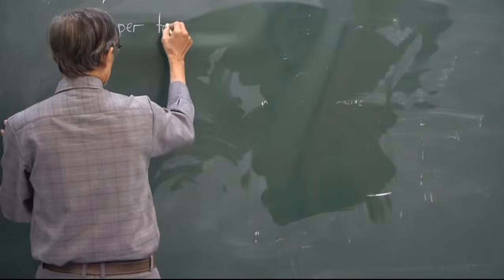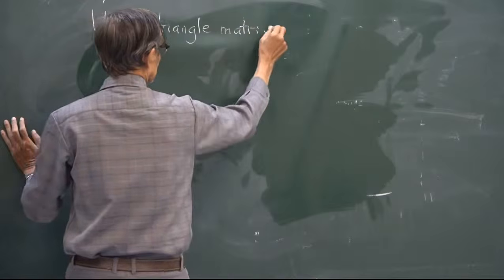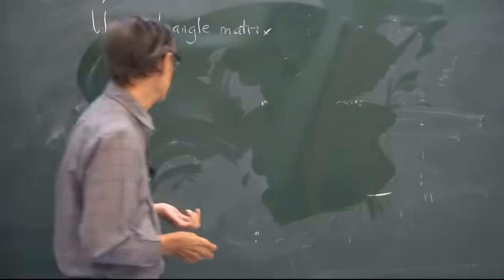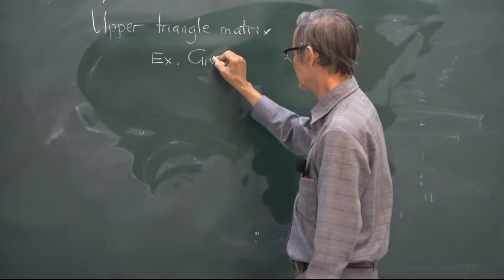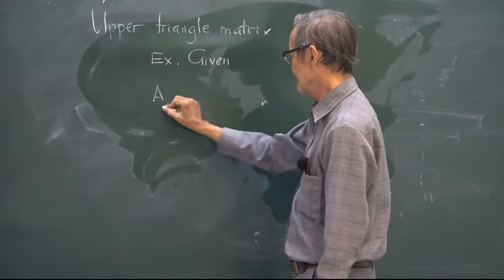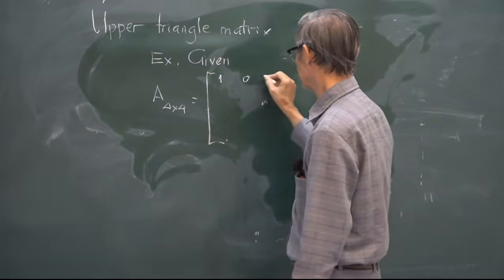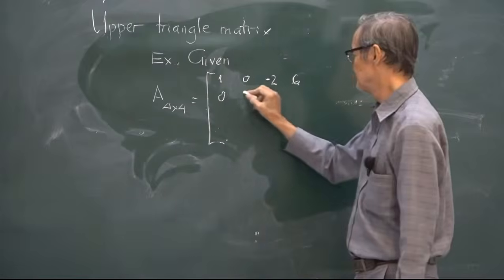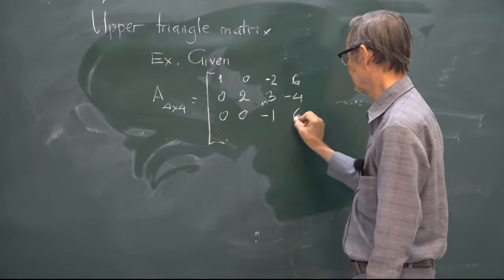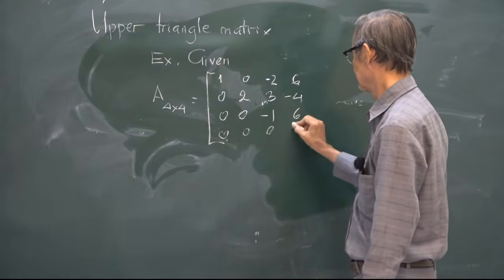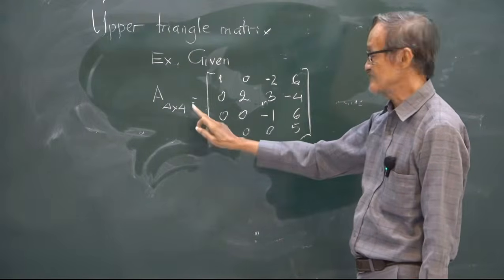Now upper triangle matrix. For example, given A 4 times 4. First, we know that this is a square matrix.